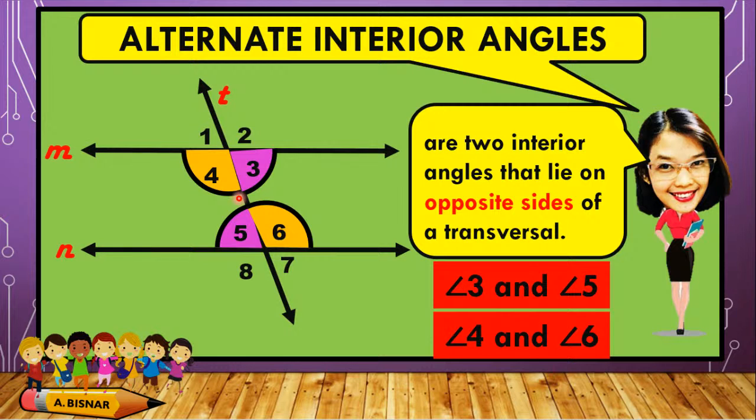Again, do not forget na ang tawag sa kanila ay alternate interior angles. So, how many pairs of alternate interior angles? We only have how many pairs? That's correct. We only have 2 pairs.